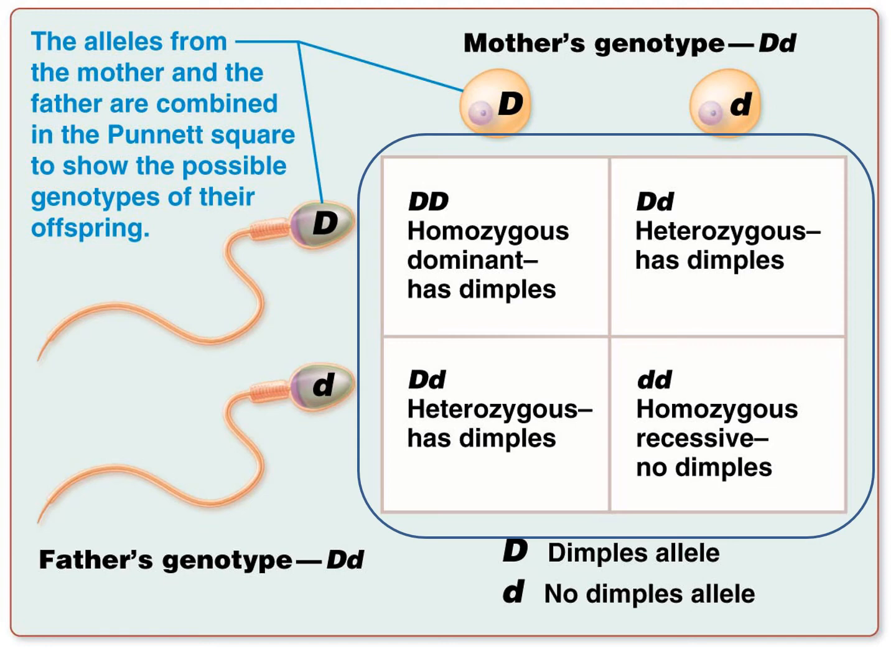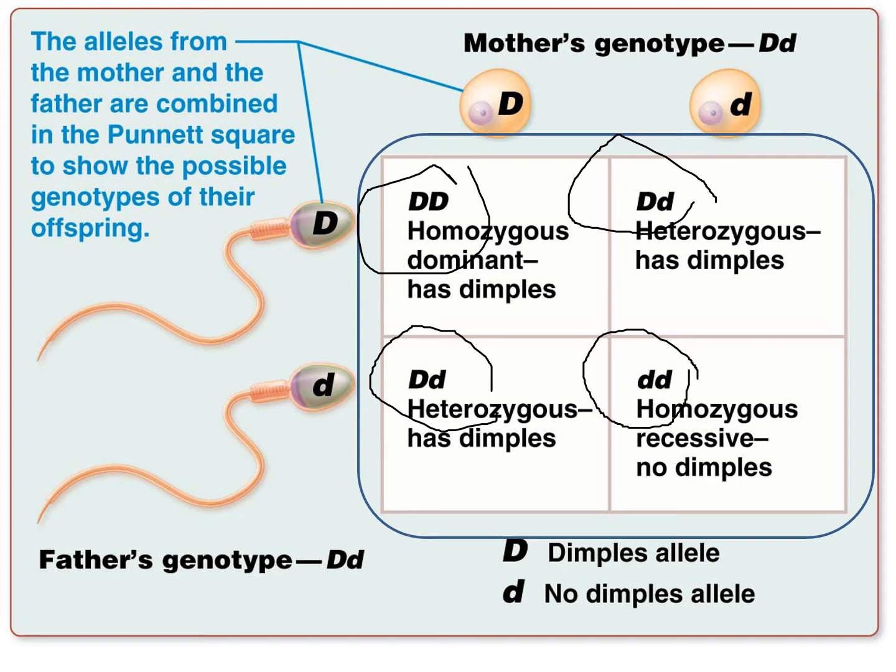So for example, we have big D and big D here, that produces big D, big D right here. We have a big D here from the father and a little d from the mother, so we have big D, little d. We have big D from the mother and little d from the father, so this is big D, little d. Finally, we have little d from the mother and little d from the father, and it's little d, little d.